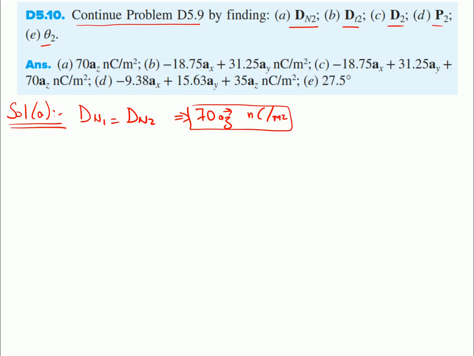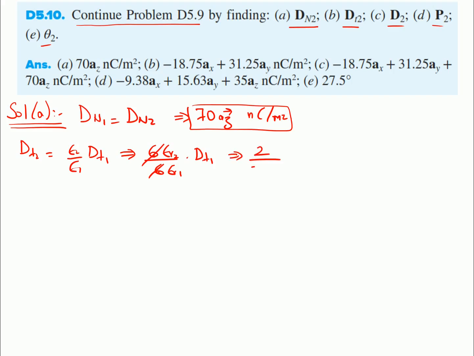Then in the second part, we need to find the tangential component. The tangential component is equal to E2 by E1 times the first tangential component. We can expand E into its absolute and relative permittivity values, so this is ER2 by ER1 times the tangential component. The E0 will be cancelled.